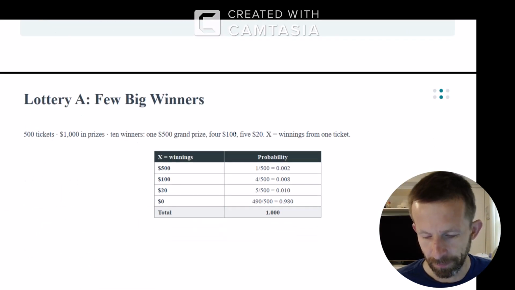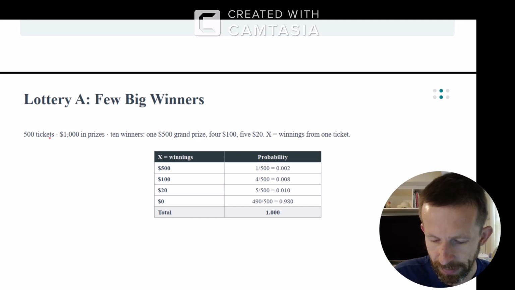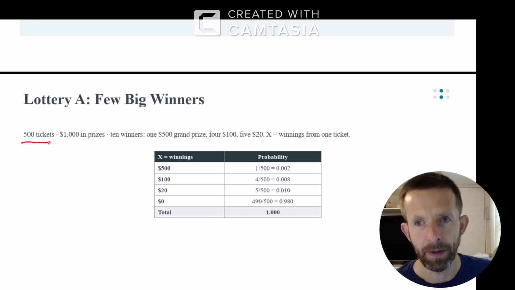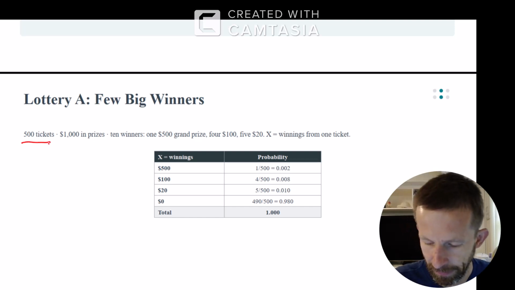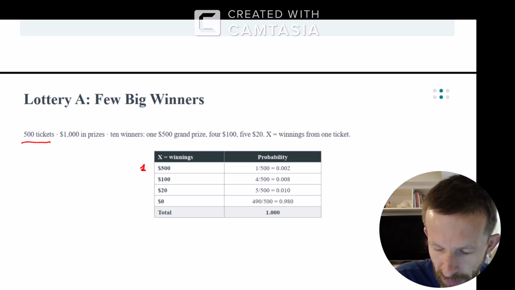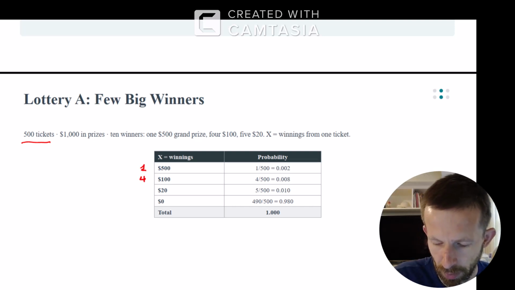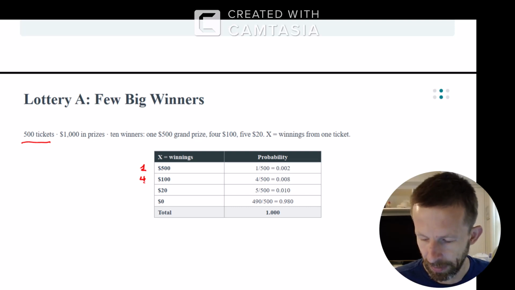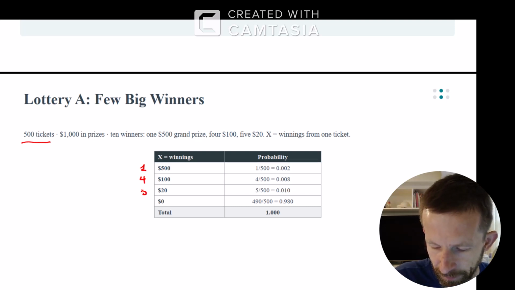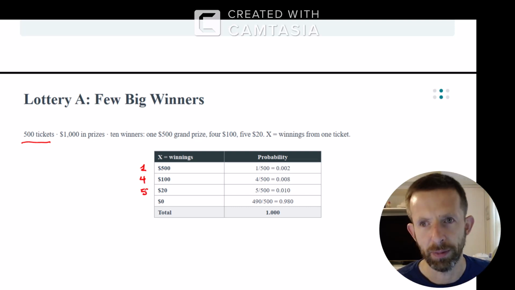So for example, we have lottery A where you have a couple big winners. There are 500 tickets and $1,000 in prizes. You have one $500 prize, four $100 prizes, and five $20 prizes.